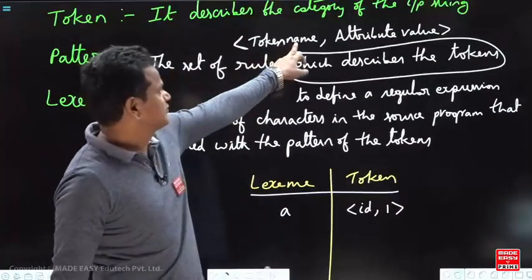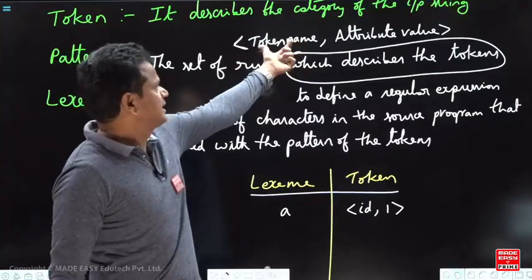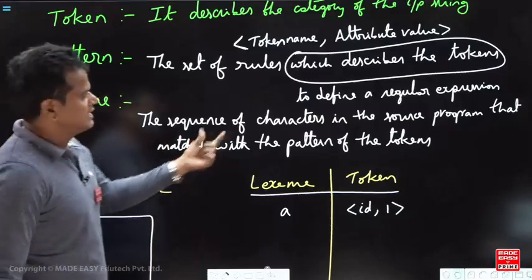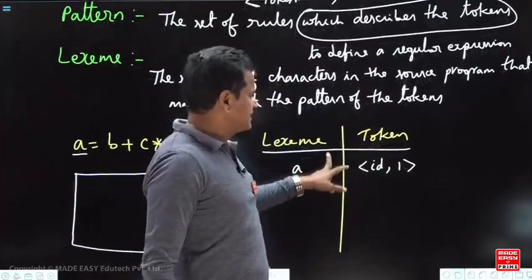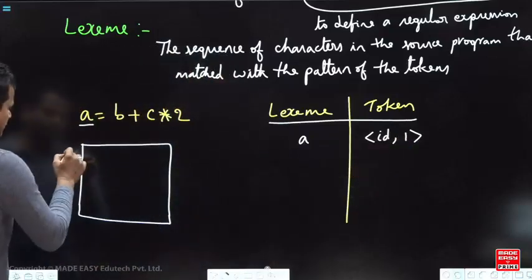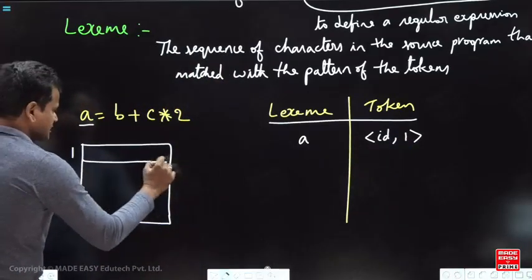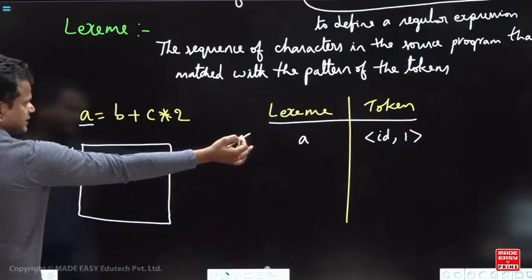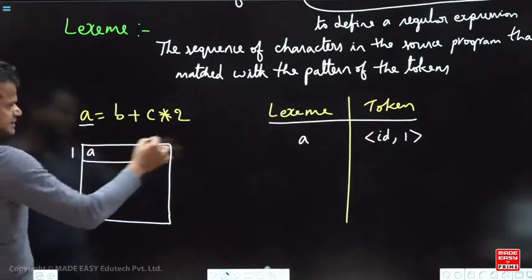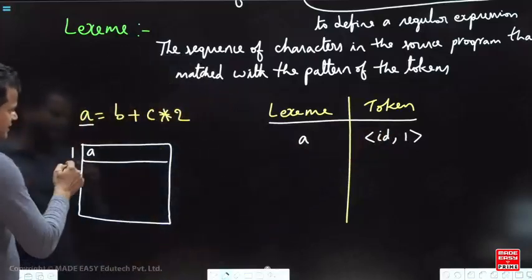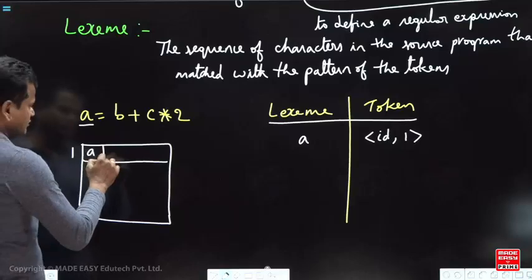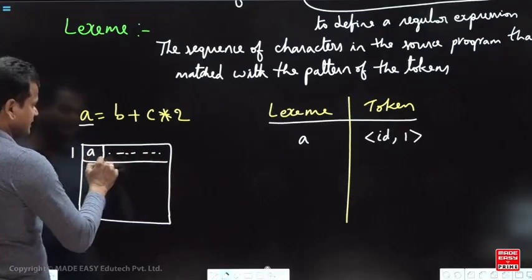A token is a pair consisting of a token name, which is identifier here, and an attribute value. The attribute value is a pointer which points to the entry. A is a variable, and one is its attribute value. This one points to the entry of A in the symbol table, so its information will be available there.